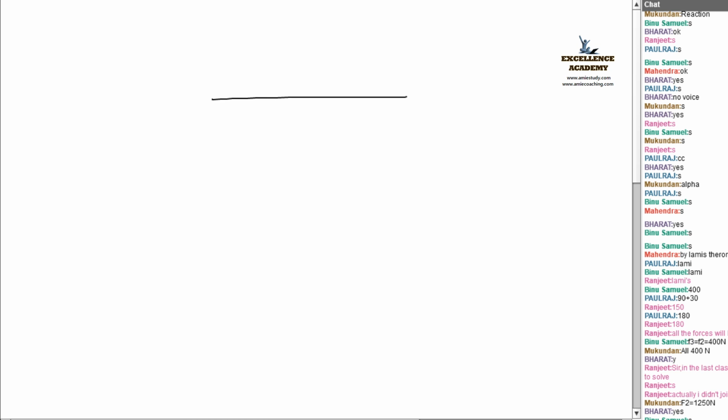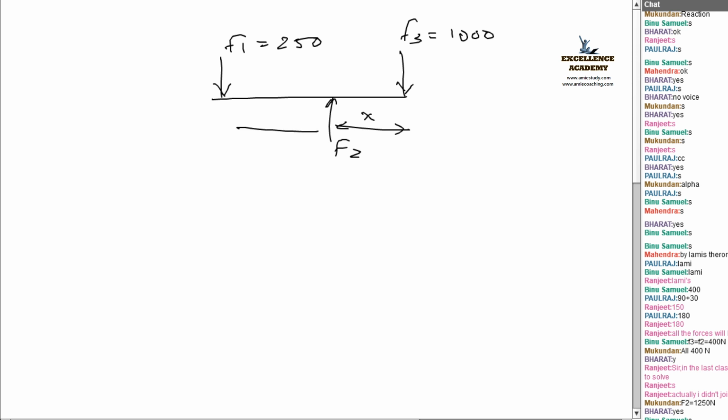Here F1 is acting and F3 is acting. F1 is equal to 250, F3 is 1000, and F2 is acting like this. This distance I want to find out, X.